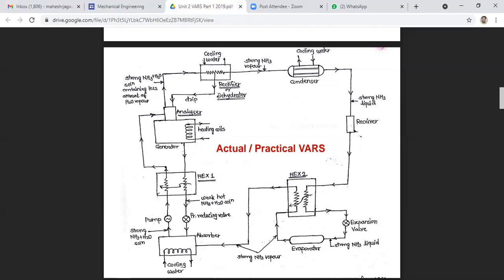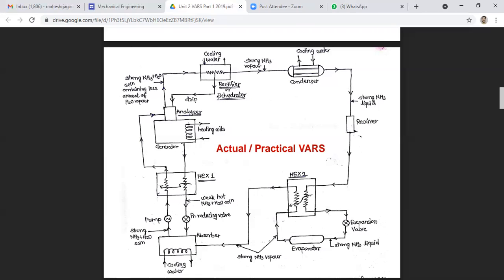Next is the rectifier. Additionally, we have provided the rectifier because the water vapors are not completely removed in the analyzer; only partially removed. So the enclosed type vapor cooler is also called the rectifier, and in some cases we also call it a dehydrator. It is generally water cooled and may be of the double pipe, shell and coil, or shell and tube type.